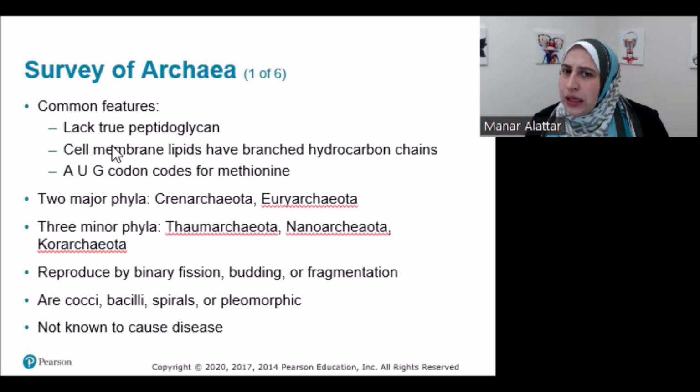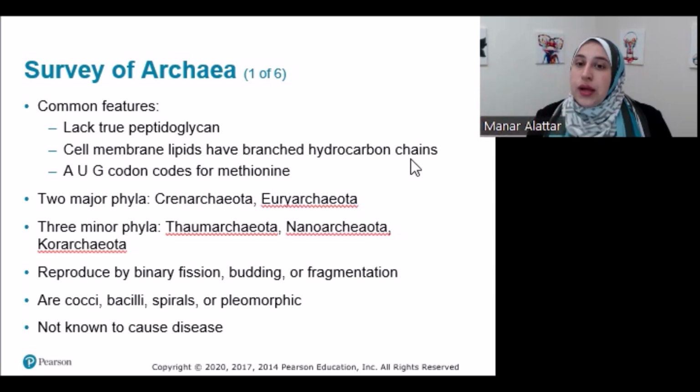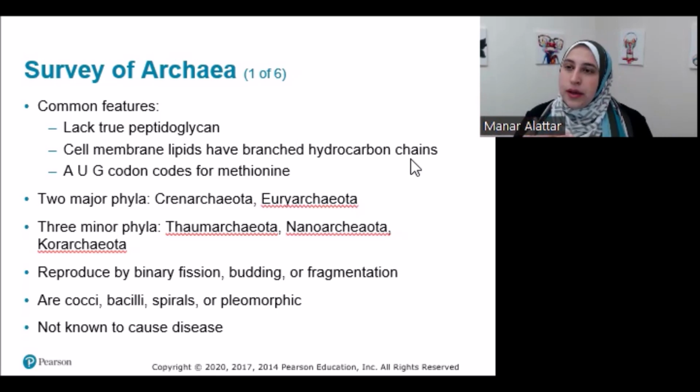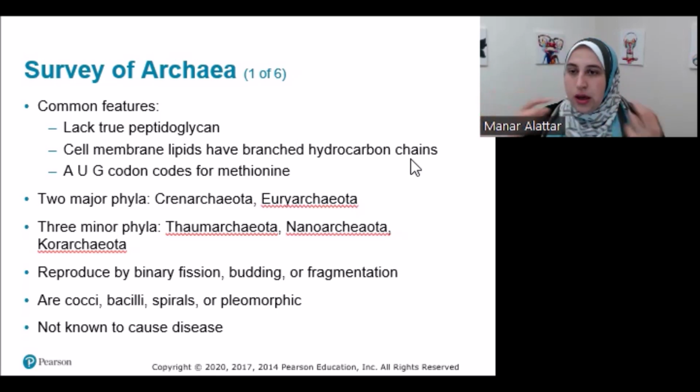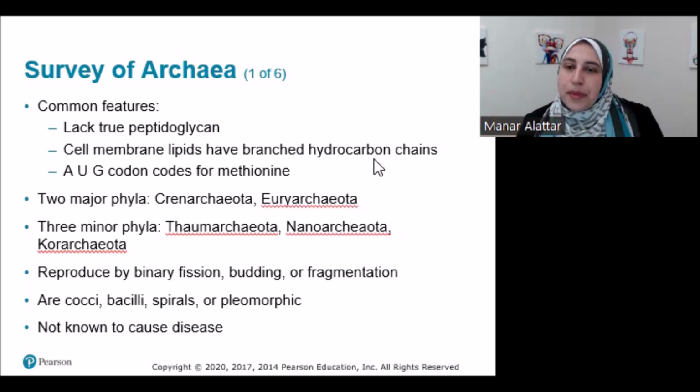And many archaeal cell membranes are actually monolipid layers rather than bilipid layers. Especially in extremophiles, that's really useful because it maintains the integrity of the cell membrane within those environments.